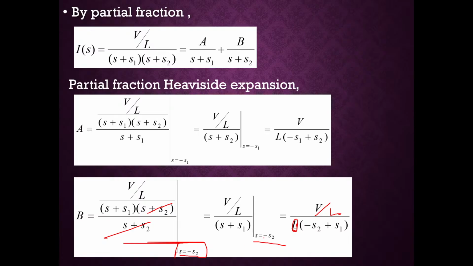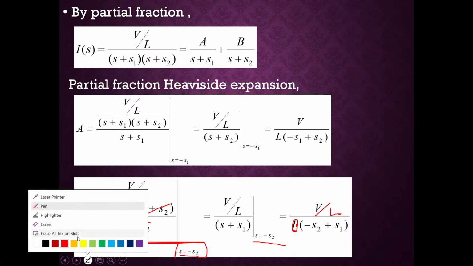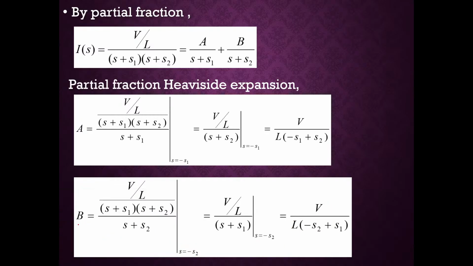This is it. We have determined the A value and B value by partial fractions. This partial fraction method is known as Heaviside expansion method.